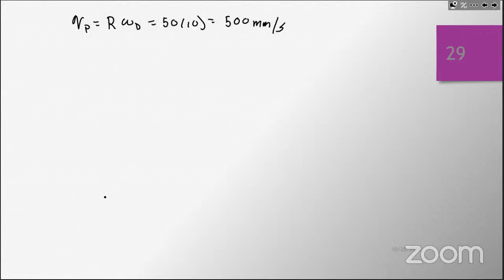If we remember, here's the top half of my Geneva mechanism, and you've got this pin in here that's on my other turntable. This velocity is going to be pointed down that slot at this point. It's going to be tangential to my path here.